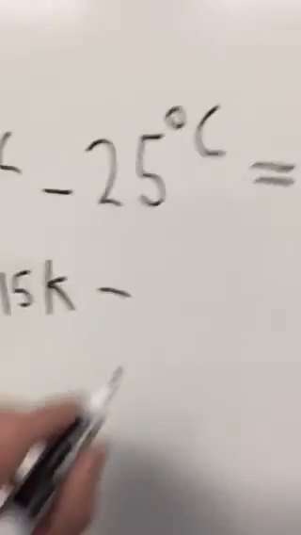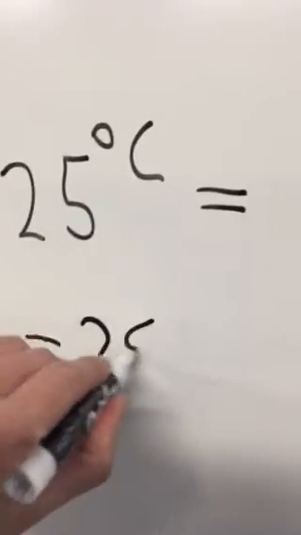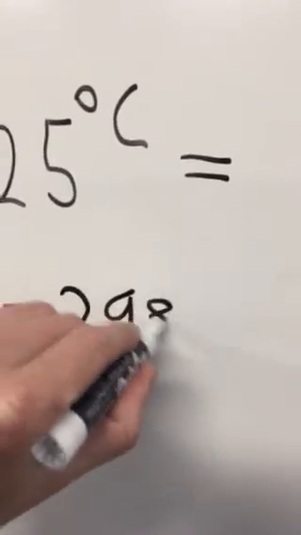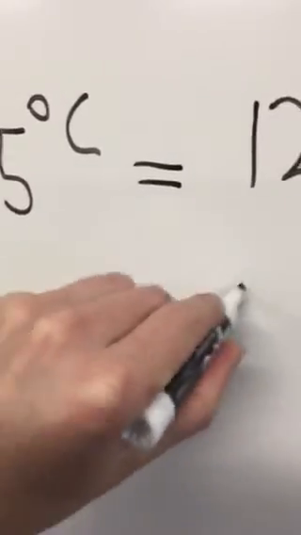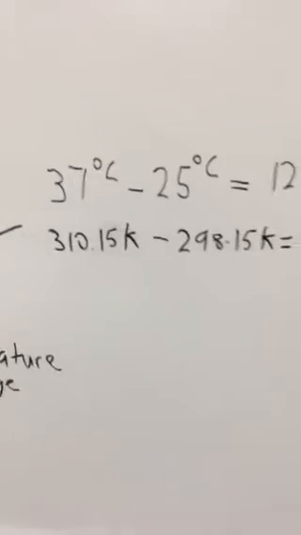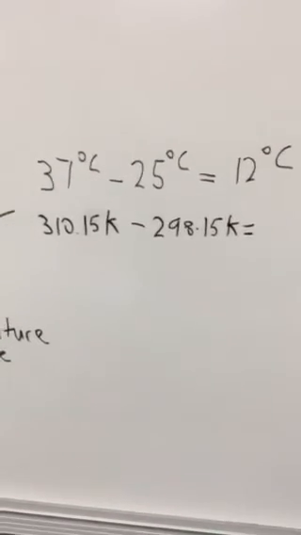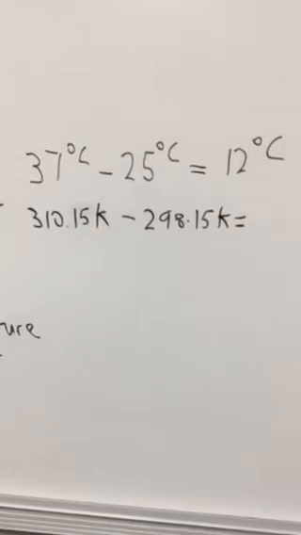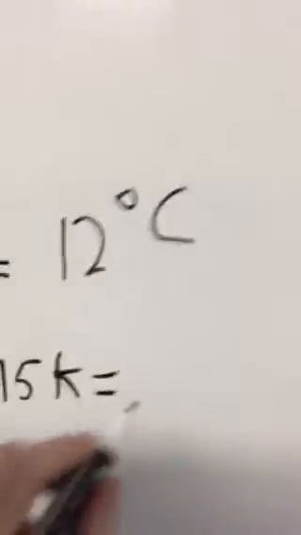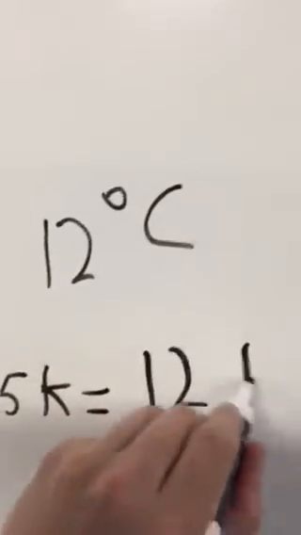So minus 298.15 K. All right, so 310.15 K minus 298.15 K is 12 K.